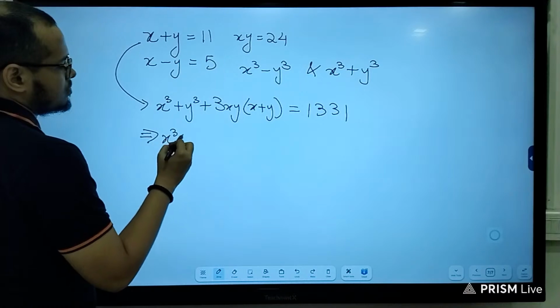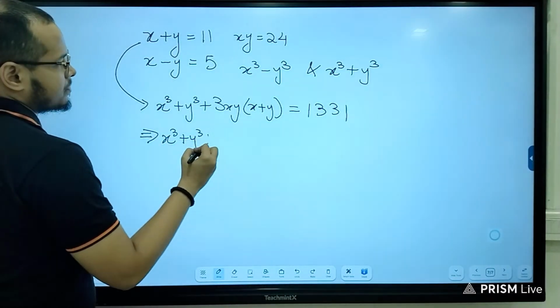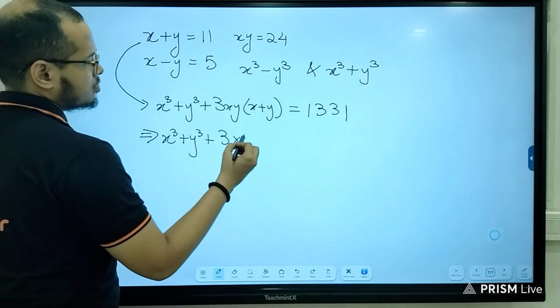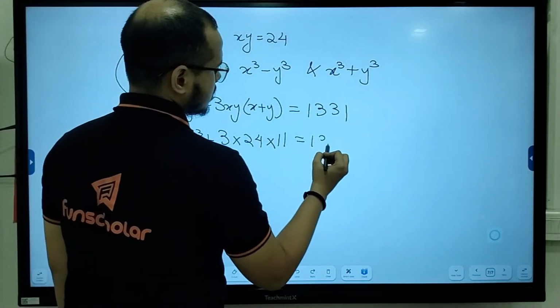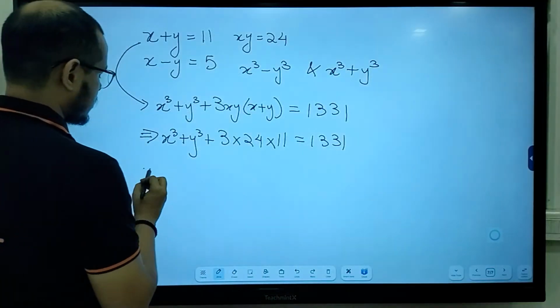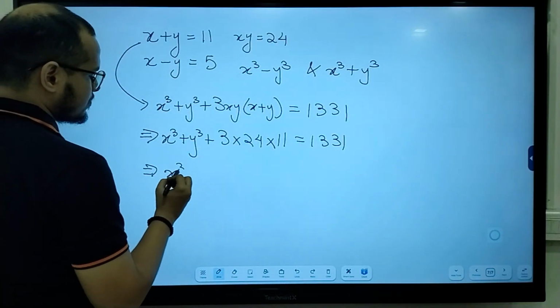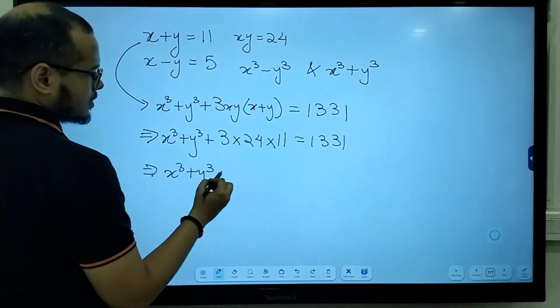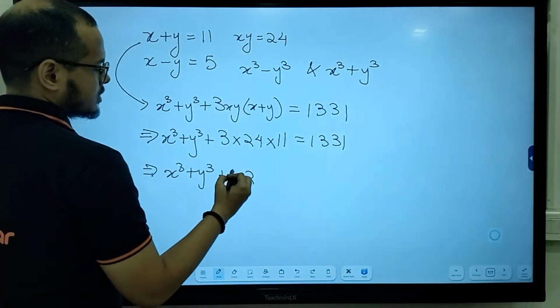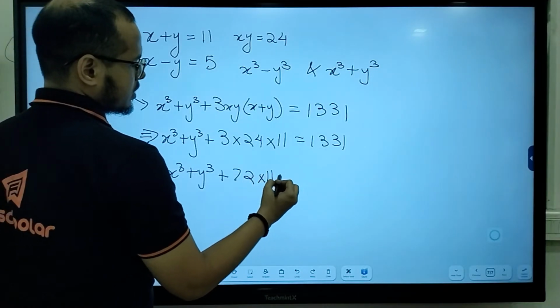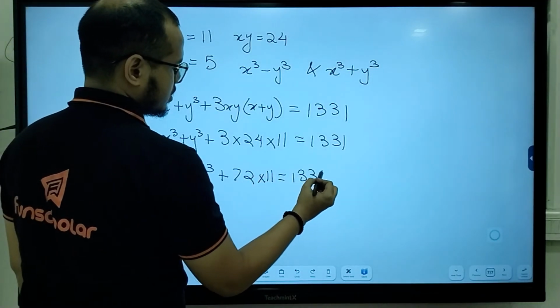So x cube plus y cube plus 3 into 24 into 11 is equal to 1331. X cube plus y cube plus 4 3s are 12, 1 6 72 into 11 is equal to 1331.